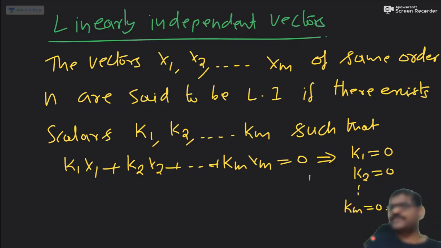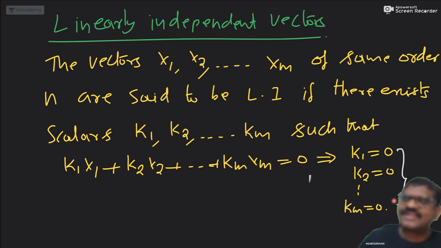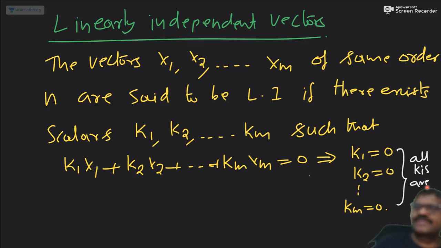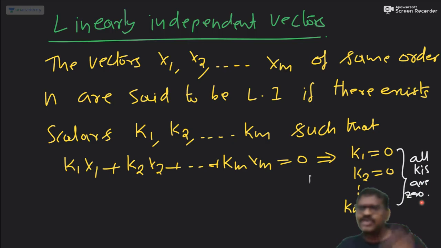What does it mean? All are 0, not non-zero, all are 0. All ki's are 0. If all ki's are 0, then the vectors x1, x2, xm are linearly independent.